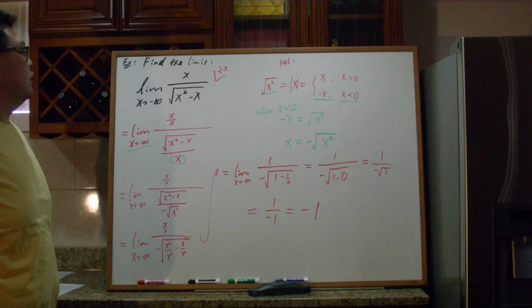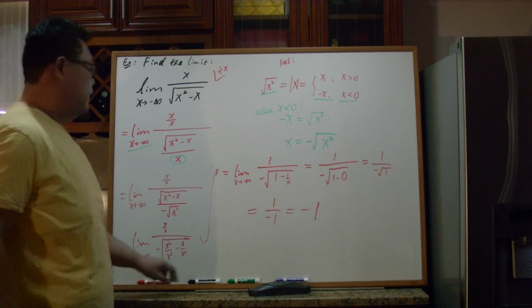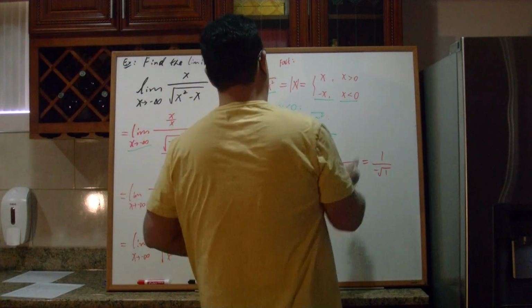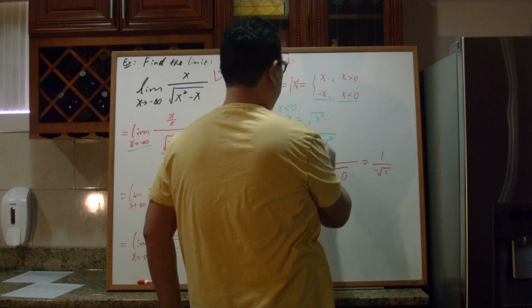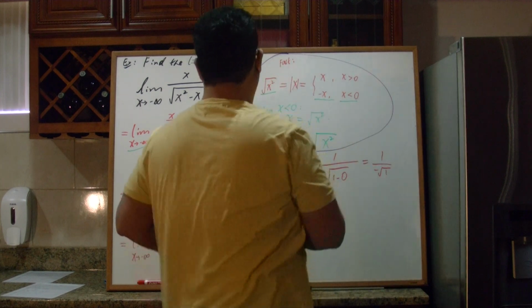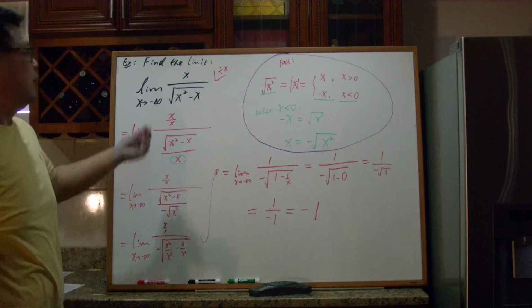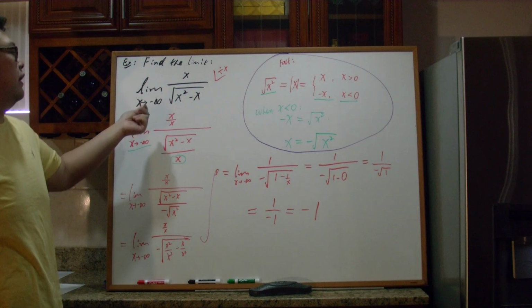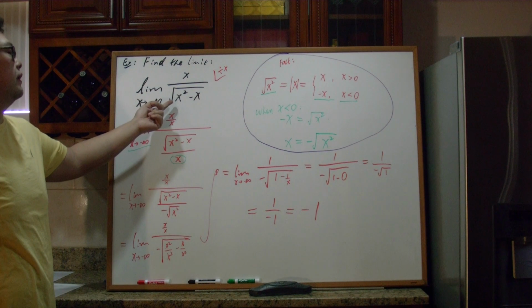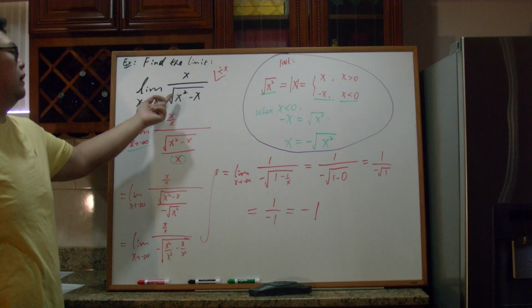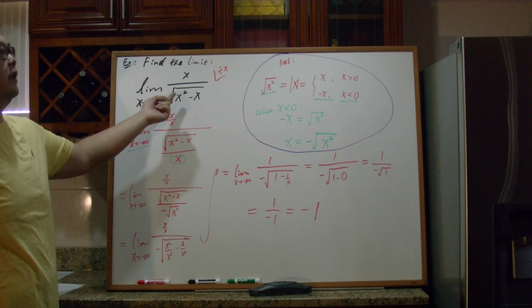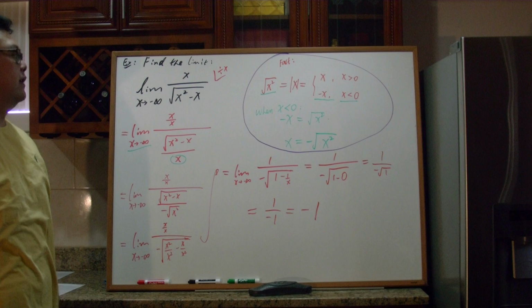So we use this fact to help us when we are facing a radical question. And of course, in our question, it's nice that we just have the radical x squared as the leading term on the bottom, which is still x.